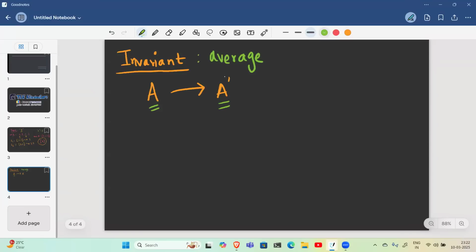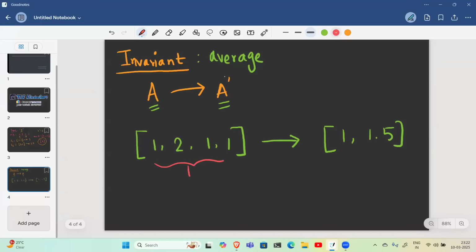Just for an example, initially we had this array 1, 2, 1, 1, and we did some operation on it to convert it to 1 and 1.5. Look here, what is the average of this array? It is the sum of the elements, 1 plus 2 plus 1 plus 1, divided by the number of elements, which is 4, which is 1.25.